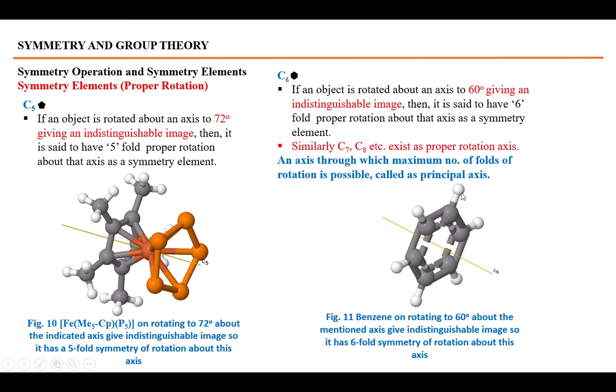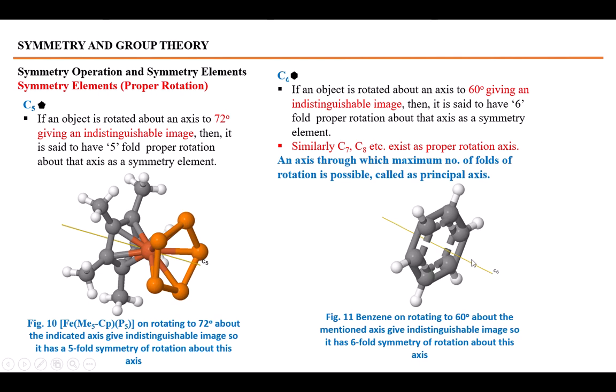If more than one axis is possible, for example, in benzene, a C2 exists here passing through this hydrogen, carbon, carbon, hydrogen. Again, a C2 exists here, a C2 exists here, three C2 are like this. Similarly, a C2 passing through the positions in between two carbon atoms, cutting them in half, also exists there. There are 6 C2 axes.